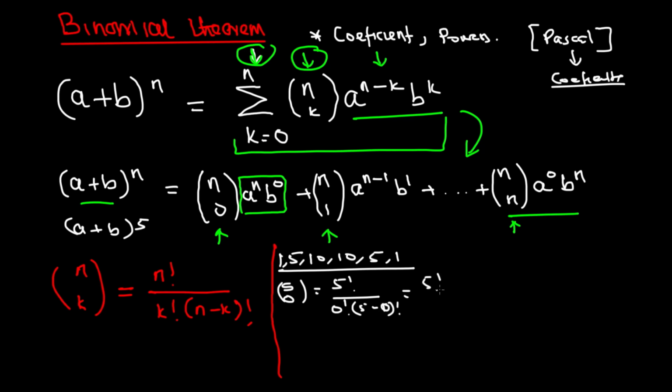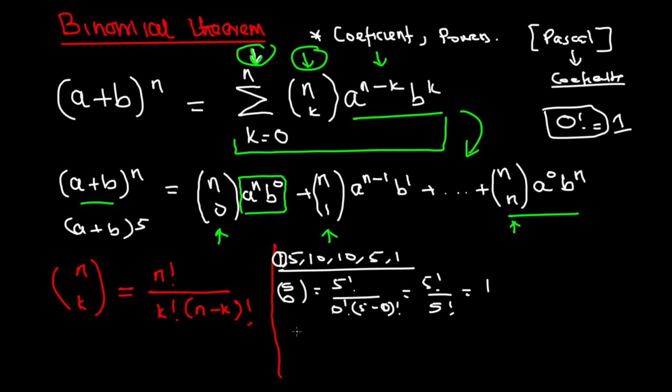It gives us 5 factorial over, this is 0 factorial, this is 1. This is a special one that you have to know: 0 factorial is not 0, it's 1. So here we're going to have 1 times 5 factorial over 5 factorial, so it's 1. So we see that the first term will be 1.